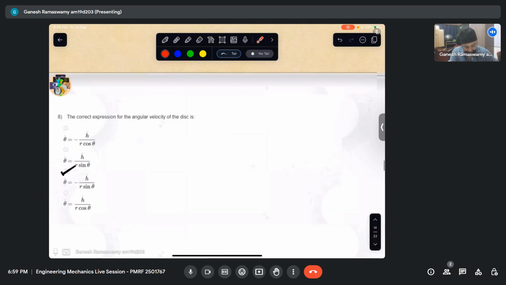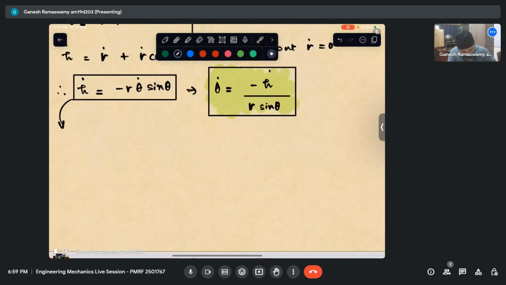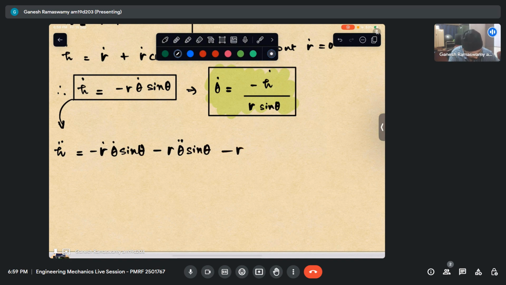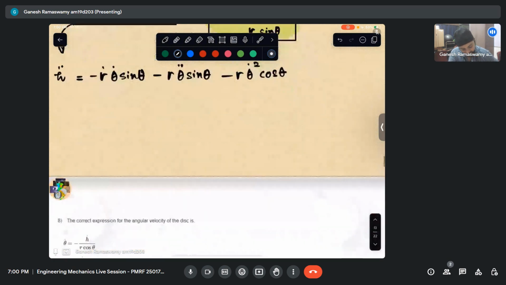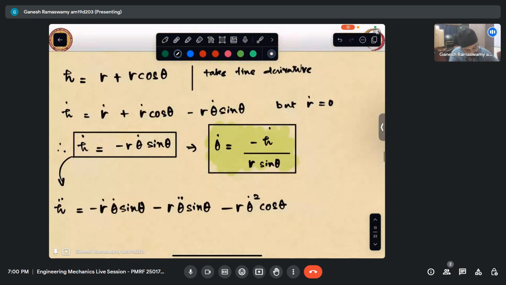So from the same relation, if I were to take the time derivative again, now again I fix one and take the derivative of the other two in rotation cyclically. Sin theta minus r theta double dot sin theta minus r theta dot squared cos theta. But again I have this constraint that r dot is 0.